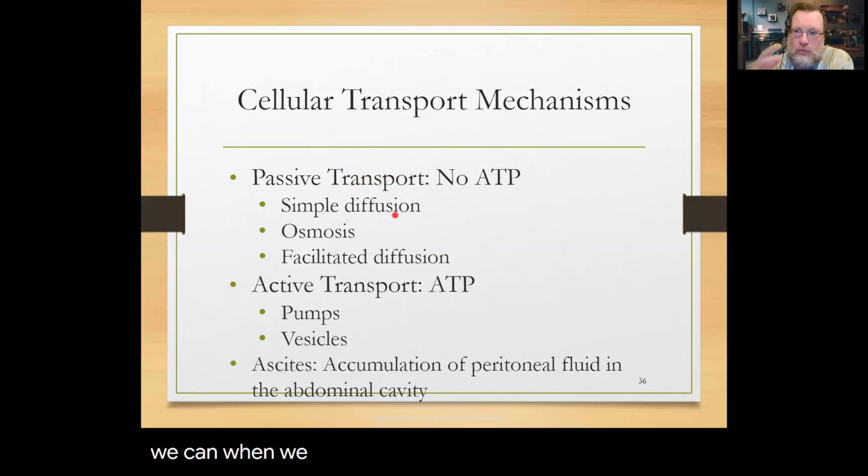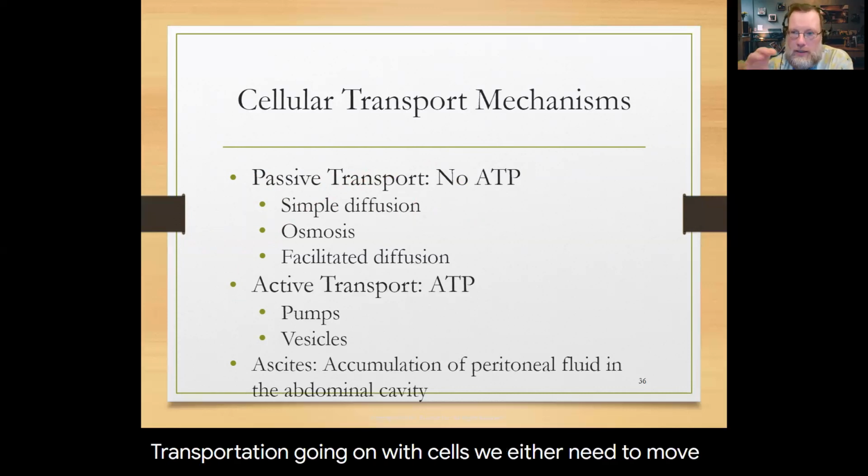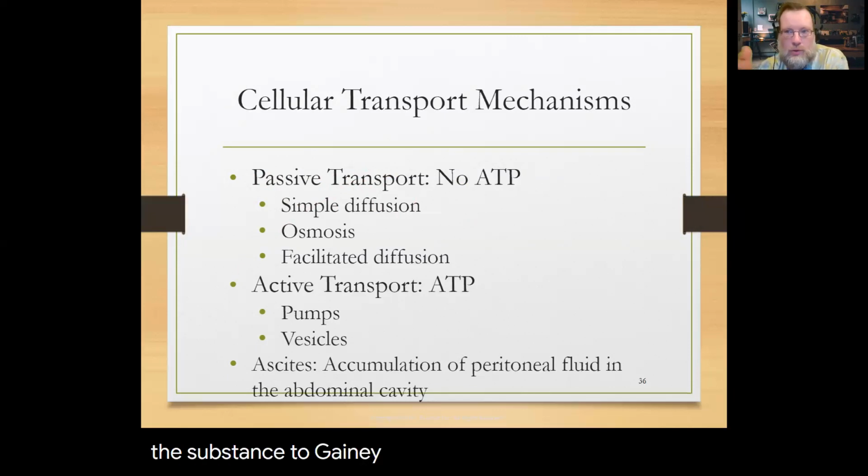When we have movement of particles or transportation going on with cells, we either need to move the substance to gain equilibrium on the outside of the cell and on the inside of the cell. We need a balance or equilibrium established.